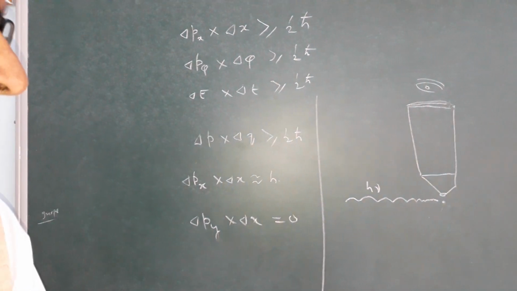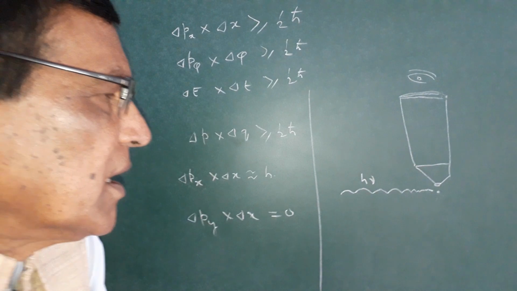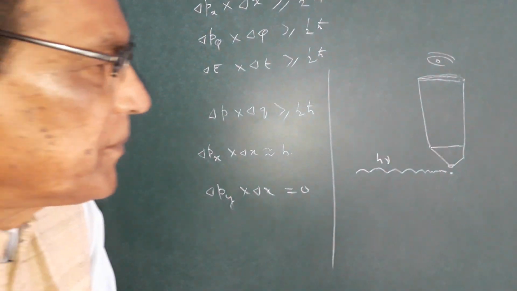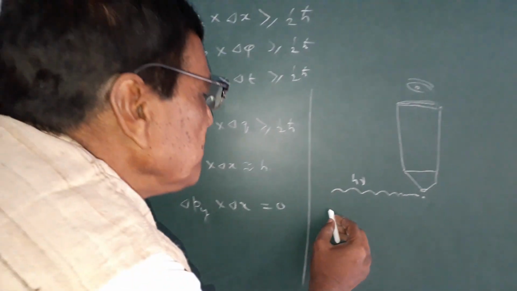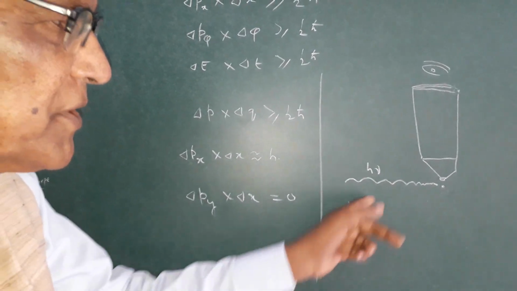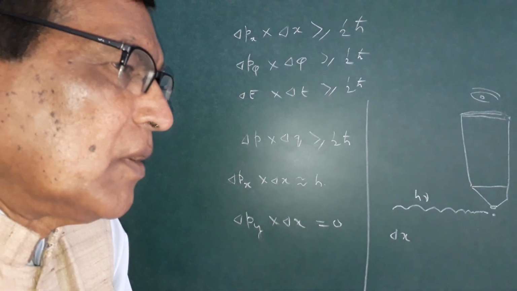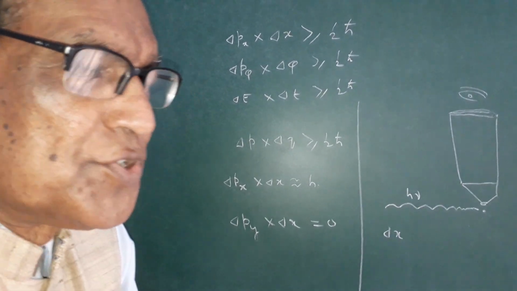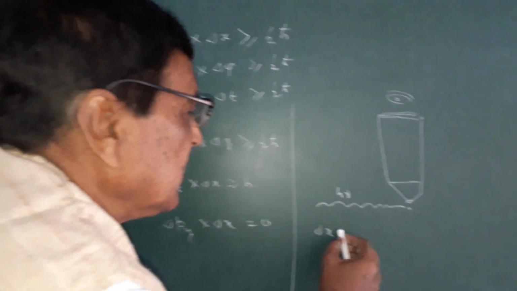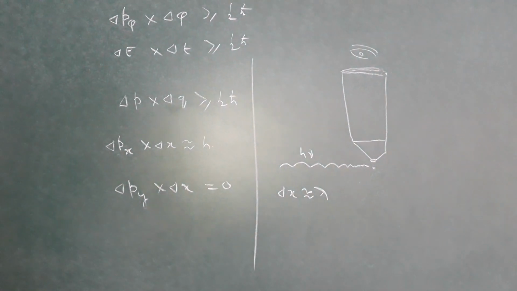So whenever we determine the position of this electron, there occurs a position uncertainty. The uncertainty in position depends on the wavelength of the light used. This is almost equal to the wavelength lambda of this light.